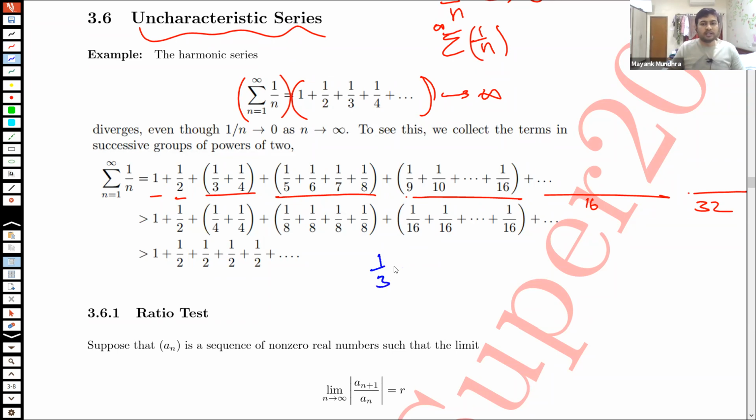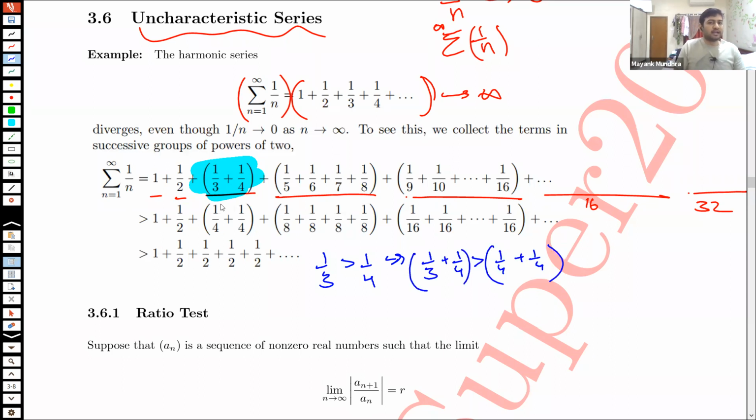Now, 1 by 3 plus 1 by 4. Okay, wait. 1 by 3 is greater than 1 by 4. Okay, focus on this. This implies 1 by 3 plus 1 by 4 is greater than 1 by 4 plus 1 by 4. So I'm adding 1 by 4 on both sides.